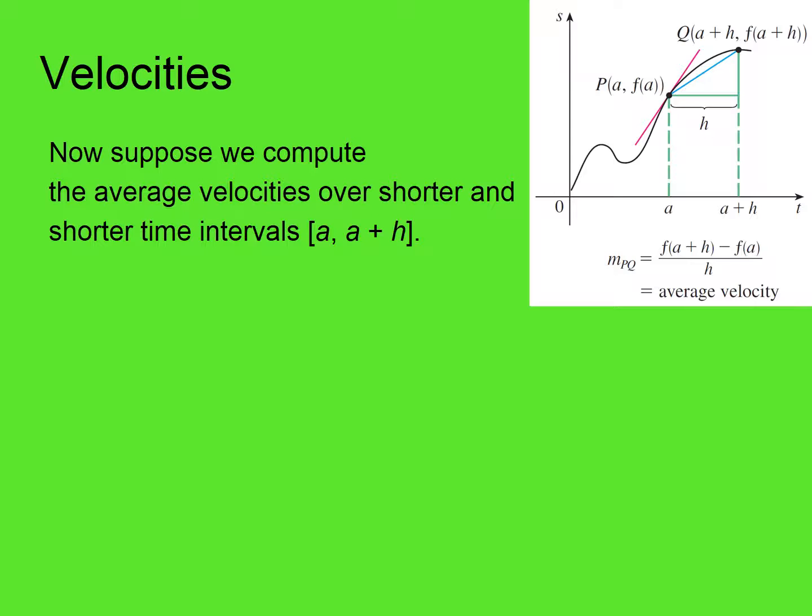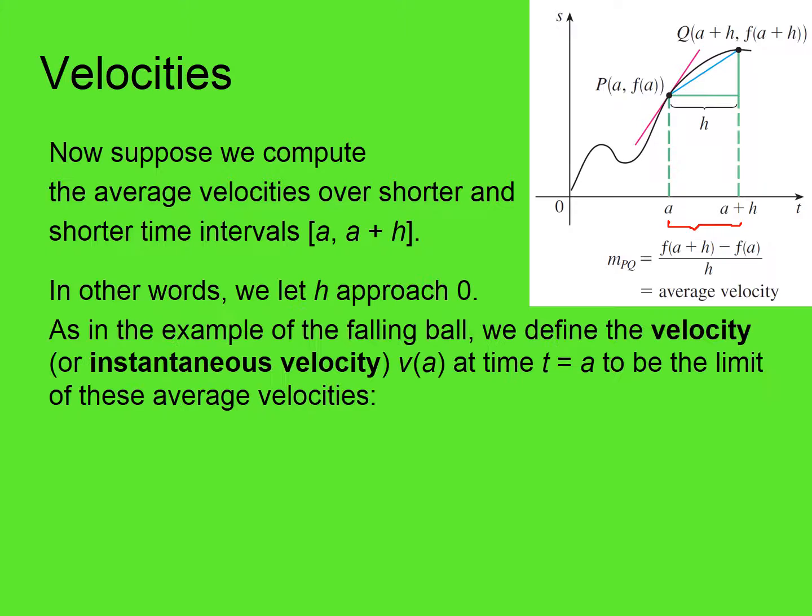Now suppose we compute the average velocities over shorter and shorter time intervals, a through h. So this interval here is getting shorter and shorter, and we're going to try to get a velocity rate of change at an instant, at the instant a. We let h approach 0, so we let this distance here go to 0.